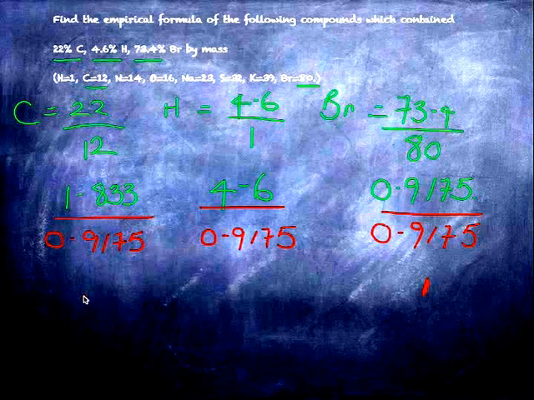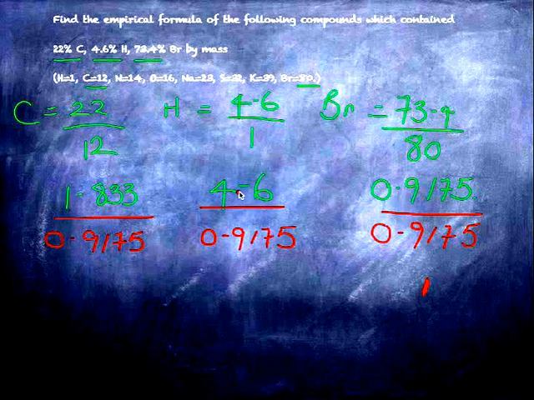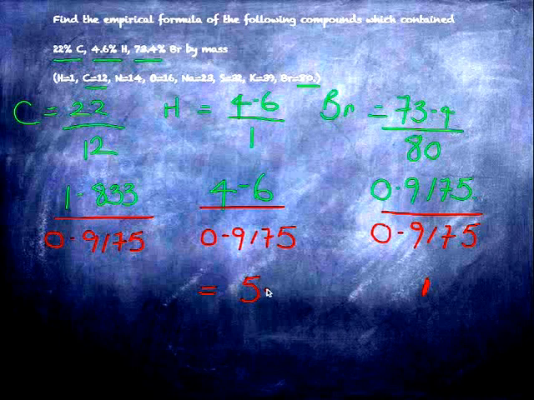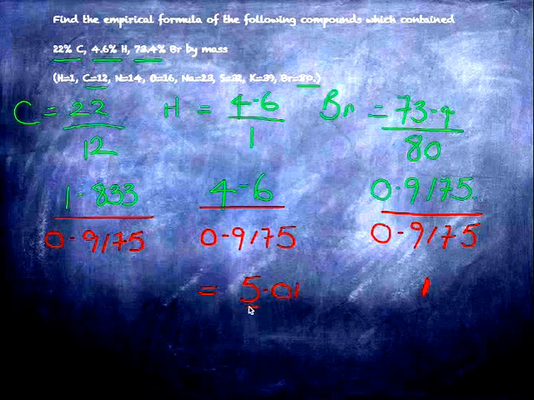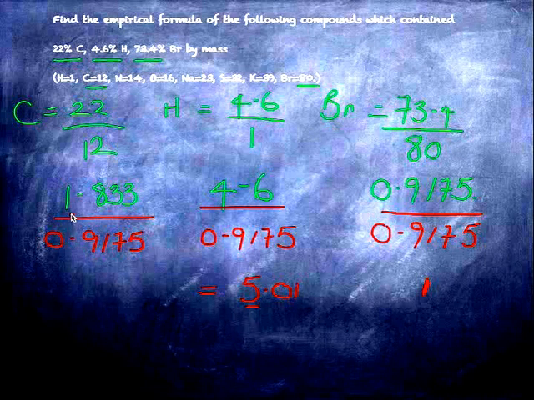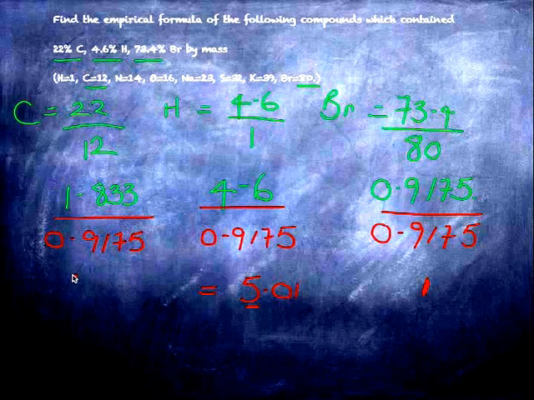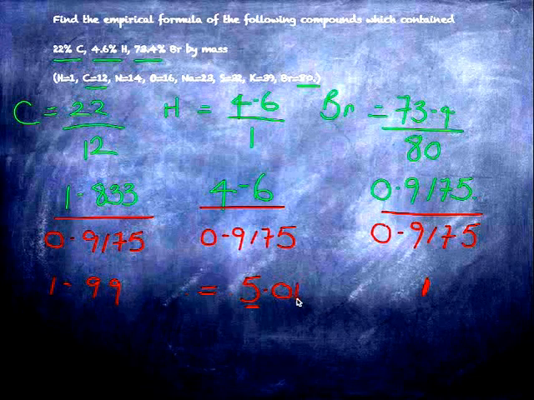What we get this time then is that 4.6 divided by 0.9175 works out at 5.01. It's pretty close to 5. And if we take a look at 1.833 divided by 0.9175, that works out at 1.99.